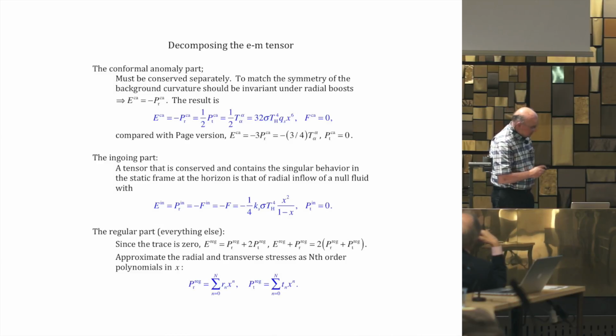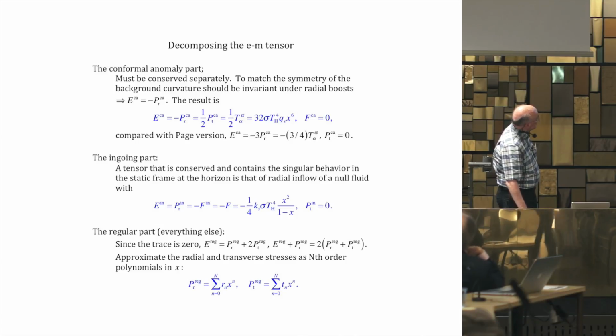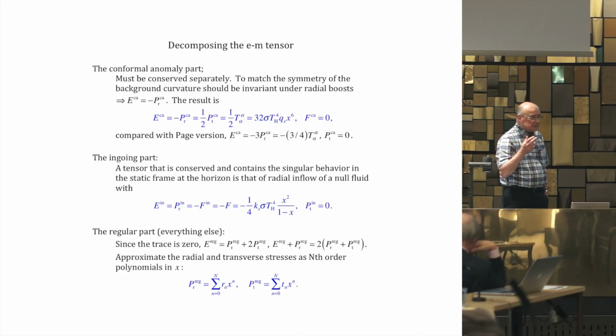Now the other issue to deal with is that for the Unruh vacuum there is a non-zero energy flux, and the conservation equation shown in the last slide demands that in a static frame the energy flux be infinite on the horizon. That's because there's an infinite redshift. There's a conserved energy flux which, because of the infinite redshift from the horizon to infinity, implies an infinite energy density as measured in a local static frame.